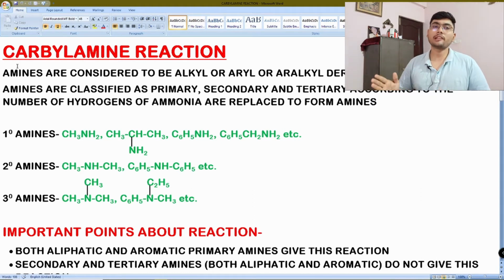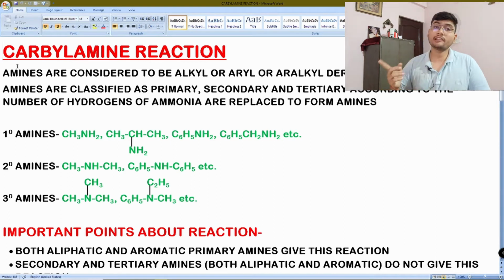It is known as an amine. You see the hydrogen has been replaced by an alkyl group, so amines are considered to be alkyl or aryl derivatives of ammonia. So how to determine whether an amine is primary, secondary or tertiary? You simply have to look at the number of hydrogens which have been replaced by an alkyl group.